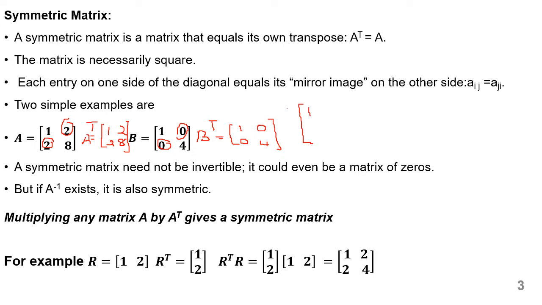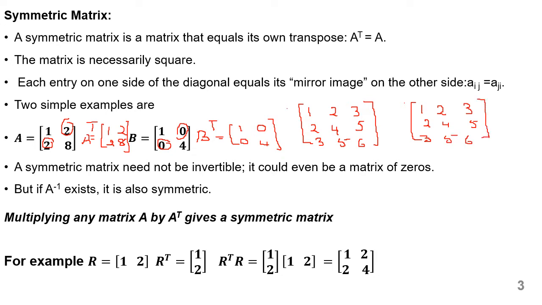Let me take it as [1, 2, 3; 2, 4, 5; 3, 5, 6]. When I take a transpose of this matrix, I am going to get [1, 2, 3; 2, 4, 5; 3, 5, 6].